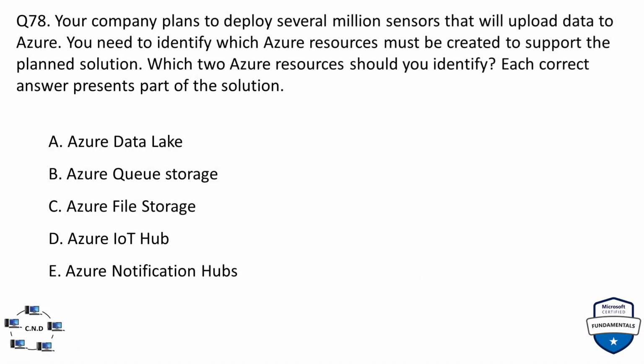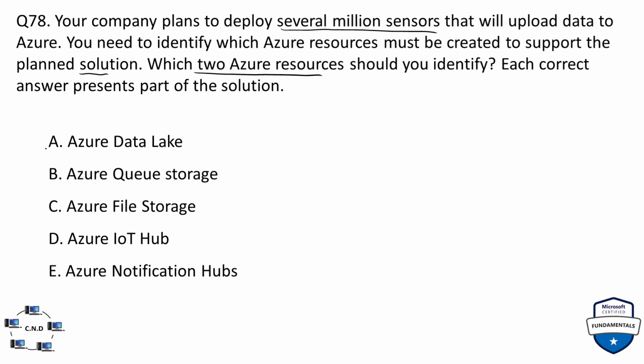Question number 78 is that your company plans to deploy several million sensors that will upload data to Azure. You need to identify which Azure resources must be created to support the planned solution. Which two Azure resources should you identify? Each correct answer presents part of the solution.